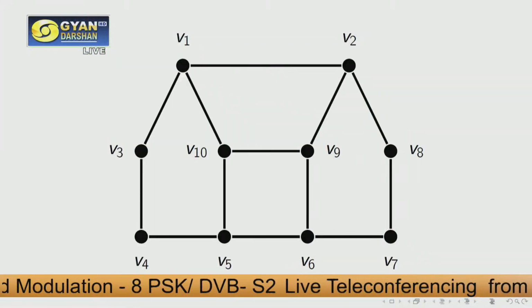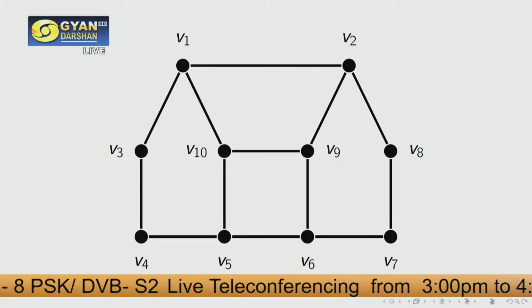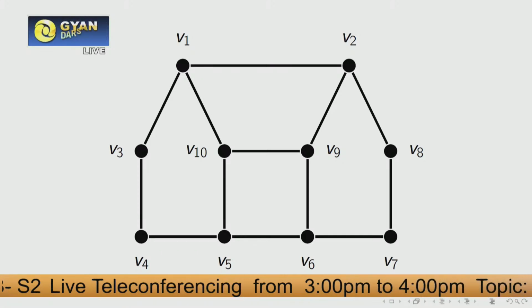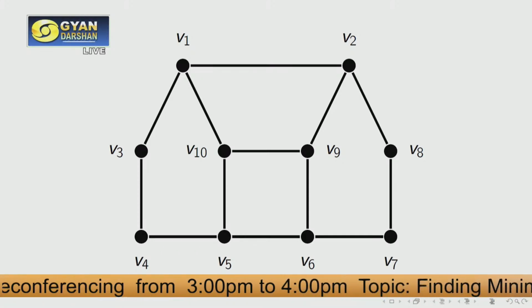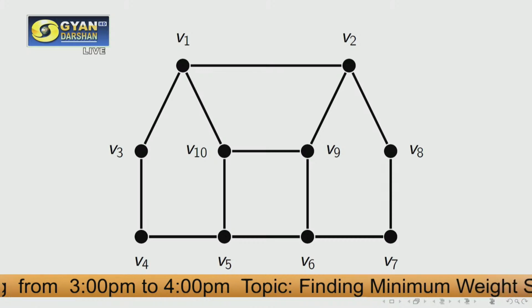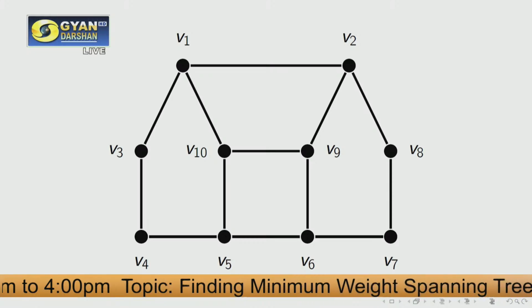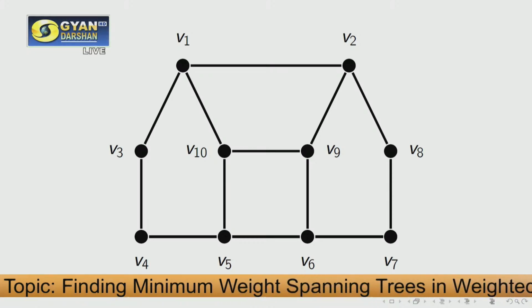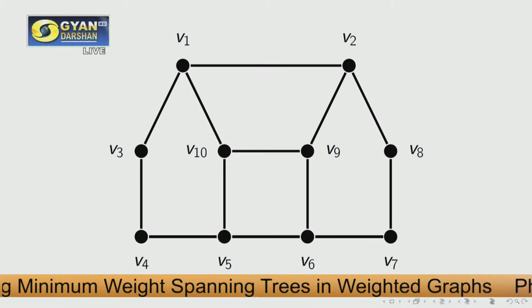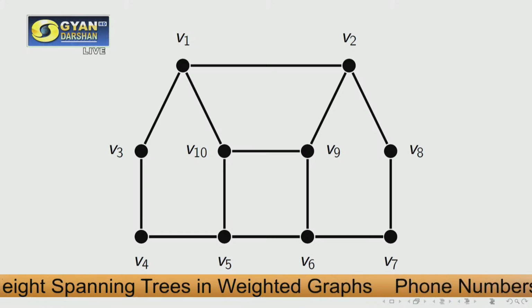So we shall start with a small graph. Just concentrate on this graph. It has 10 vertices. The graph is connected, as you can see. So it must have a spanning tree, right? You can recall that a graph is connected if and only if it has a spanning tree.